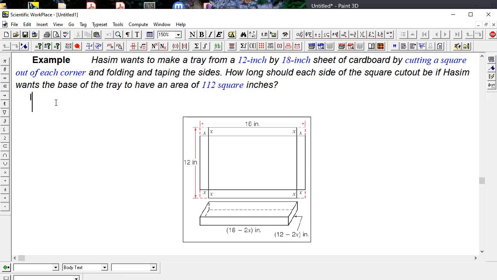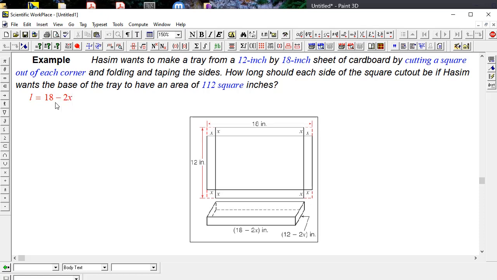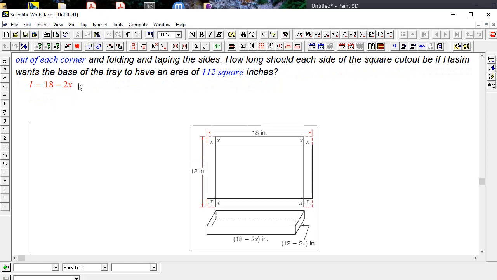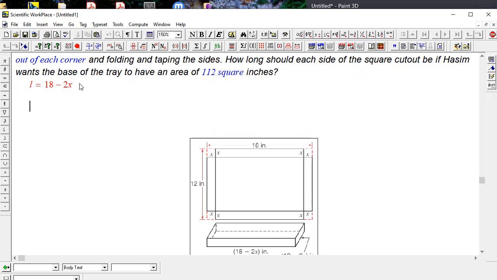So my new length, represented by L, equals 18 minus 2x. This is the length. Now the width will be the same way, 12 minus 2x.